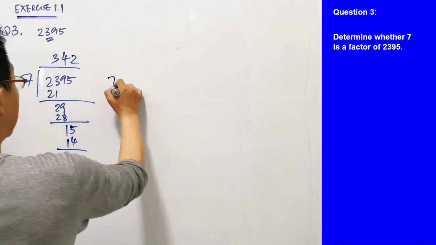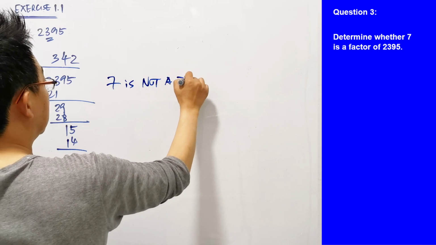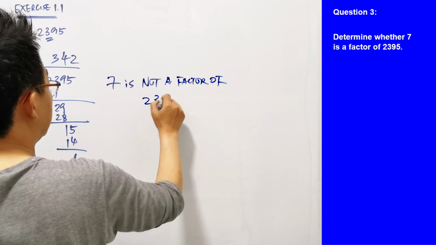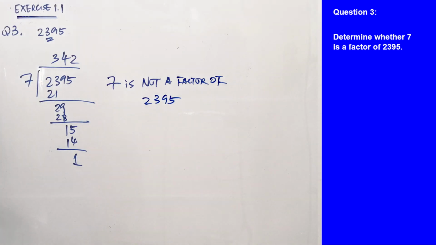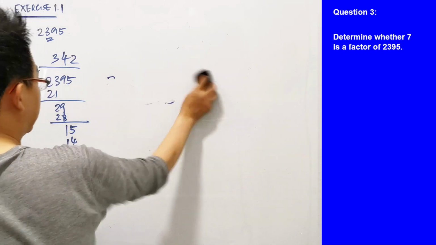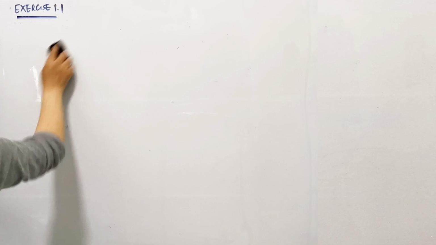So 7 is not a factor of 2395. We just simply divide it, then we will know that. This is question 3. Very fast, right? Let's move on to question 4. What's question 4?